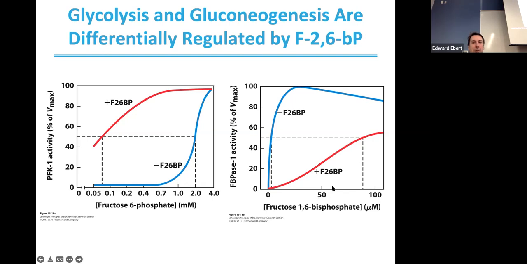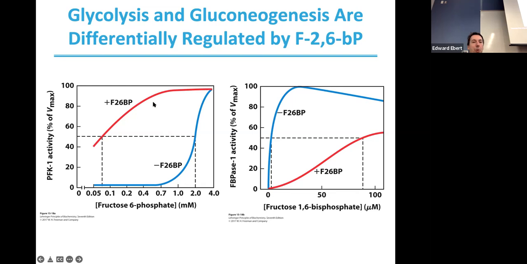Minus 2,6. Oh, we're just looking at our relative concentrations of our other one, fructose 6-phosphate. So that's going to feed forward to make fructose 1,6-bisphosphate. And here we have a lot of fructose 1,6-bisphosphate. We're going to push it back the other way. And that's why we see these kind of flipped around, because they are opposite direction enzymes.